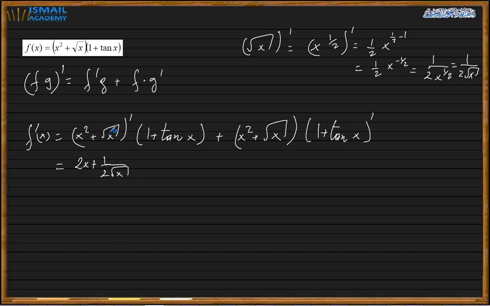So I just get right away to the answer. So times 1 plus tangent of x plus x squared plus square root of x. The derivative of 1 is 0. The derivative of tangent is secant squared. So it's going to be secant squared of x. So this will be the final answer.